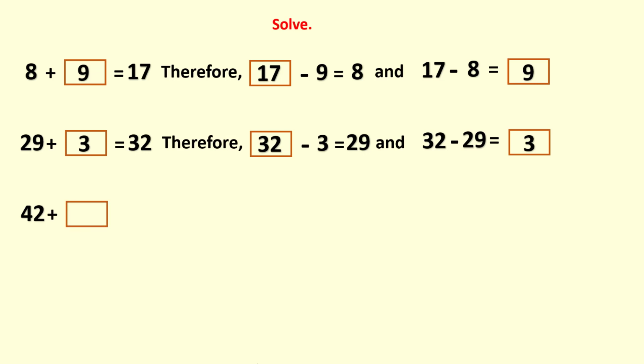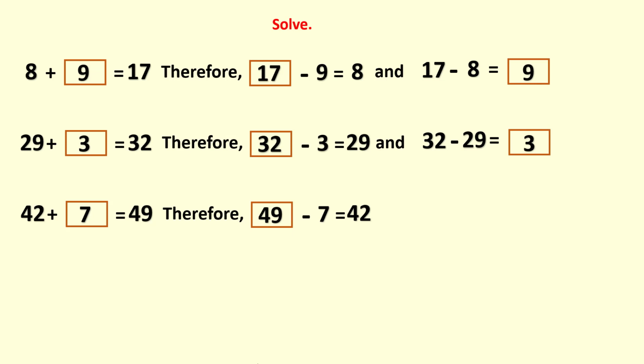42 plus how many is equal to 49? If you count forward from 42 up to 49, you get 7. Therefore, how many minus 7 is equal to 42? 2 numbers are arranged here and 1 number is remaining. Which number is remaining? Yes, 49 is remaining. 49, 7 and 42.